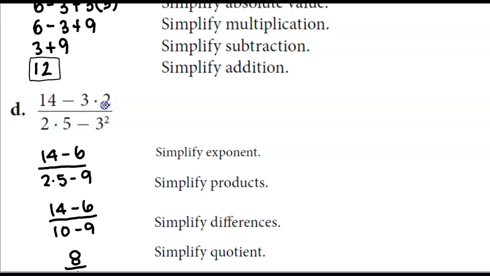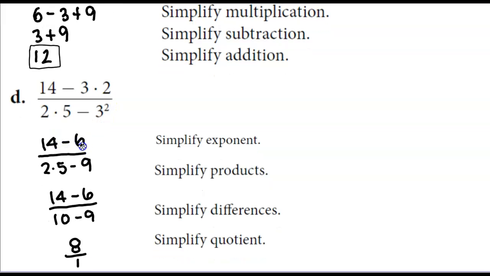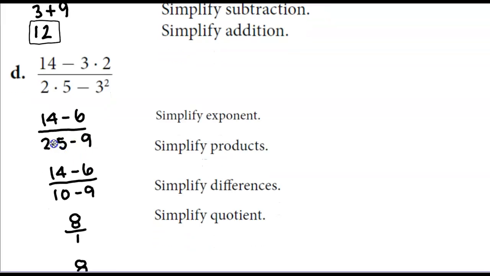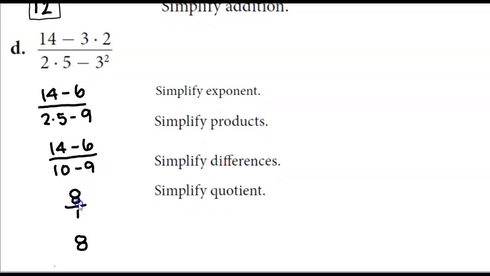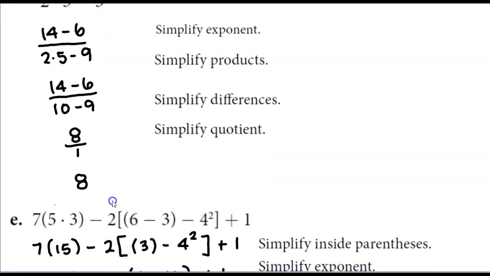So 14 minus 3 times 2, well, 3 times 2 gives you 6, so it's 14 minus 6. Then we have 2 times 5 minus 3 squared, which is 9. And then we would treat 2 times 5 as the multiplication, so that would give you 10. So 14 minus 6 is 8. 10 minus 9 is 1. So 8 divided by 1 gives you 8.